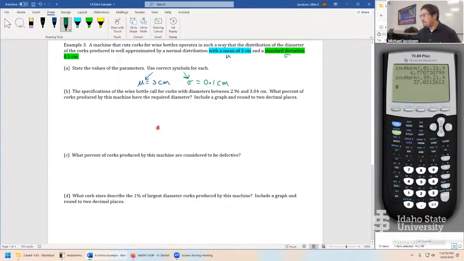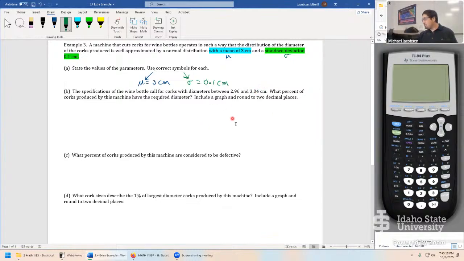We're told the specifications for the wine bottle corks, as in these corks are useless if they don't fall into this range. The specifications are diameters between 2.96 and 3.04 centimeters. We want to know what percent of corks produced by this machine have that required diameter.